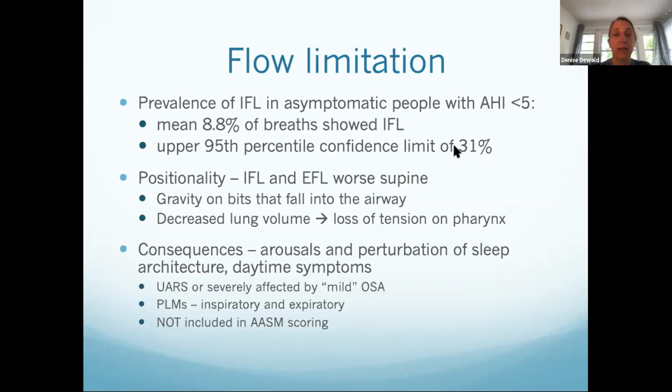So basically, if you're seeing more than 30% of your breaths with inspiratory flow limitation, there's something going on. Even if your AHI is less than 5, the person is symptomatic, and more than 1/3 of their sleep study has flow limitation, you're looking at a UARS picture, so upper airway resistance syndrome.